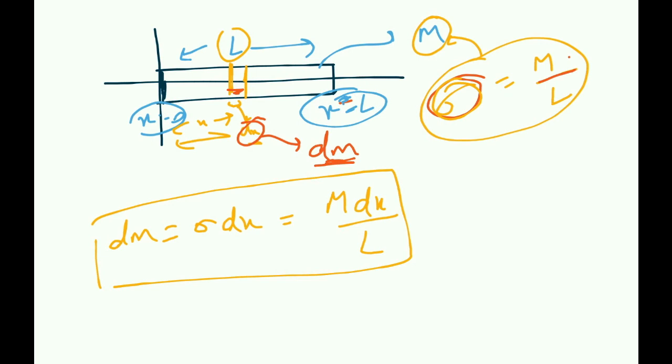So the center of mass of this is going to be equal to the integration of x into dm by the integration of dm. Correct? Now keep this in mind, and I'm going to switch.